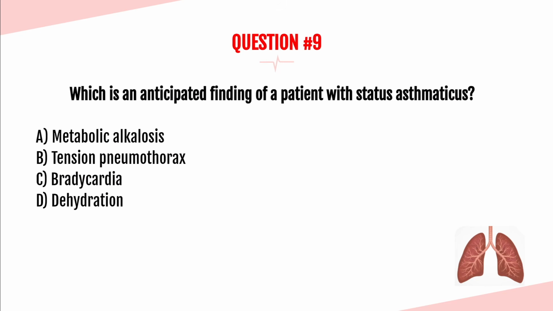Question number 9. Which is an anticipated finding of a patient with status asthmaticus? A, metabolic alkalosis. B, tension pneumothorax. C, bradycardia. Or D, dehydration.